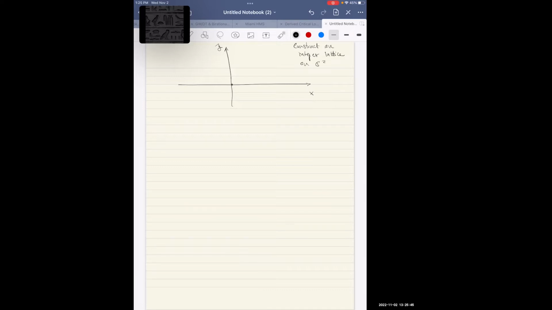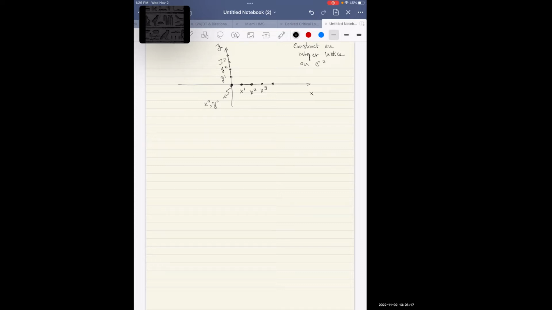So let's say this point represents x to the 0 and y to the 0. This point, which is in the x direction, let's say it represents x to the 1. This point represents x squared. This point represents x cubed, and so on and so forth. This point represents y to the 1. This point represents y squared. This point represents y cubed, so on and so forth.